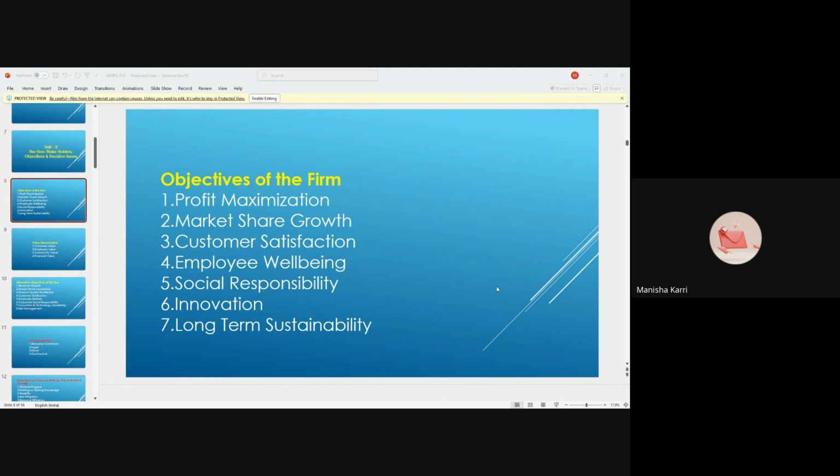Here, some firms prioritize the well-being and satisfaction of the employees, believing that happy employees are more productive and contribute to the firm's success. Definitely. Next one is social responsibility. Many modern firms incorporate social responsibilities into their objectives, aiming to make positive contributions towards society and the environment.